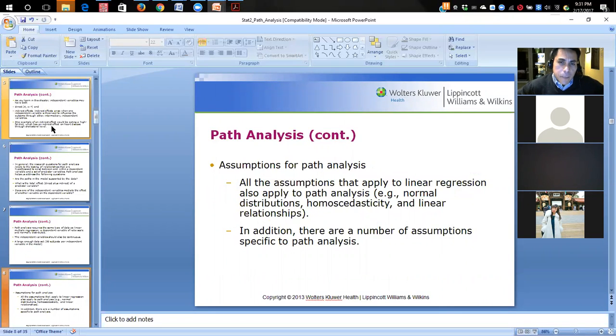So here are the assumptions for path analysis. All the assumptions that apply to linear regression also apply to path analysis, such as the data has to be normally distributed, and we know how to check this. Skewness is the shortcut all the time. 0 is always normally distributed. A skewness statistic of 0 is always the perfect normally distributed data or normal distribution curve.